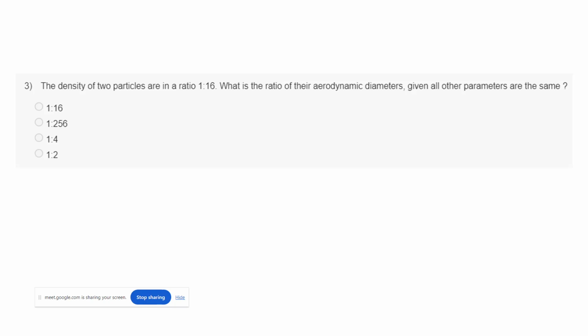We have our third question here. The density of two particles are in the ratio of 1 is to 16. What is the ratio of their aerodynamic diameters given all the other parameters are the same? Option 3. Option 3, okay.